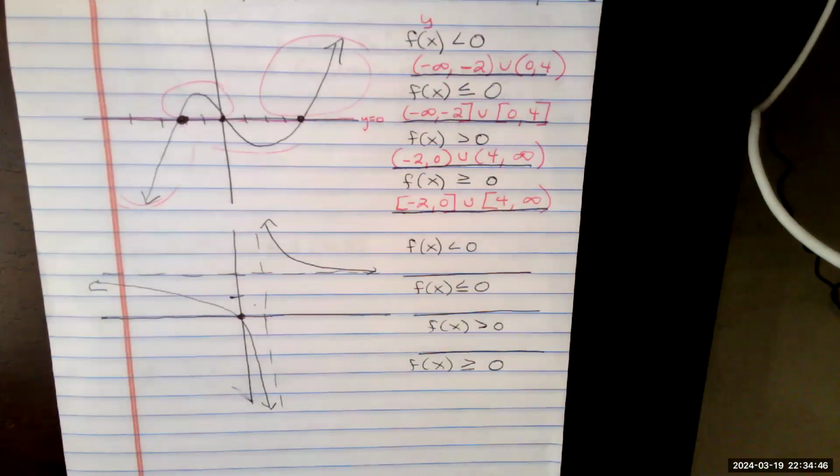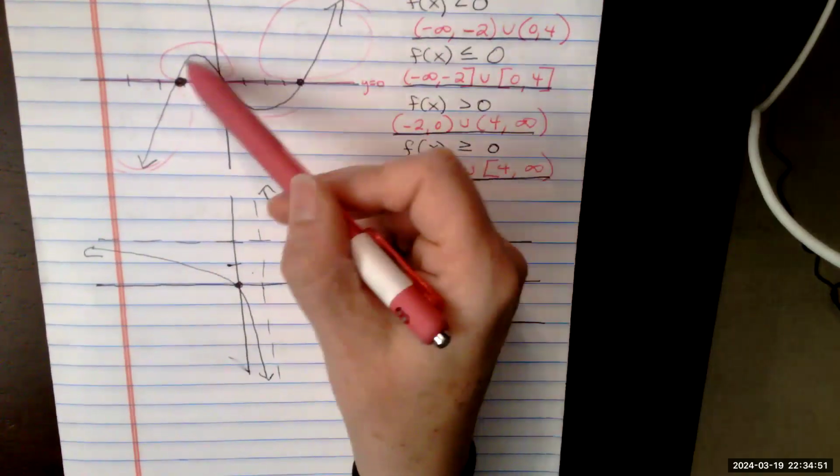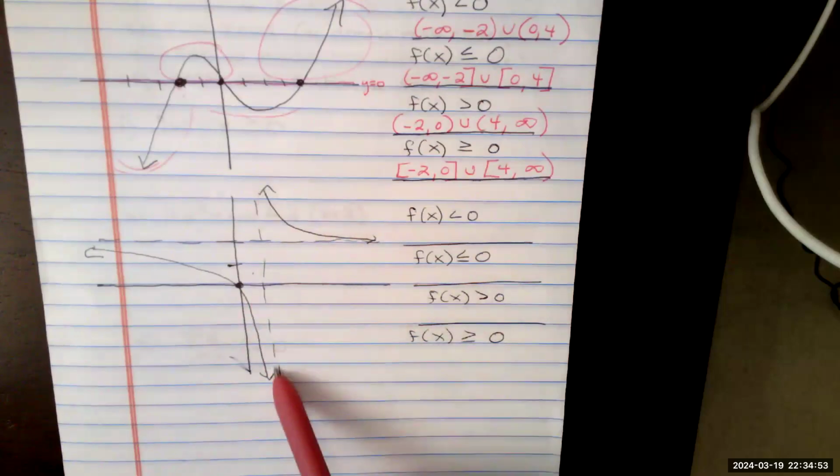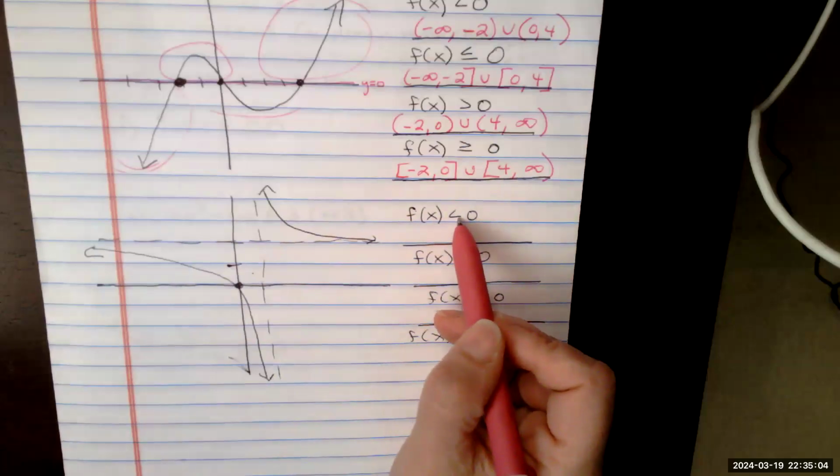Same exact thing, but now just a little bit more complicated. This would just be a polynomial graph. And since you see it has some asymptotes, this would be a rational function, so it must be some kind of a fraction. Again, where is it less than 0?